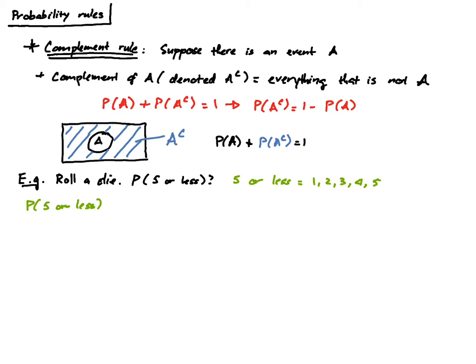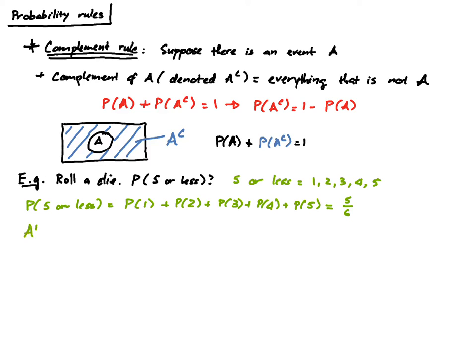And so the probability of getting 5 or less is just going to be equal to P(1) plus P(2) plus P(3) plus P(4) plus P(5), right? Which is going to be equal to 5/6. So this is straightforward, right? Nothing new to us.